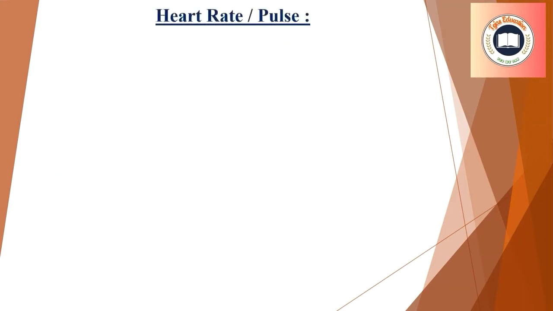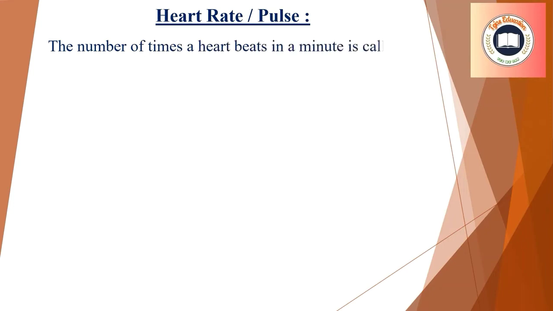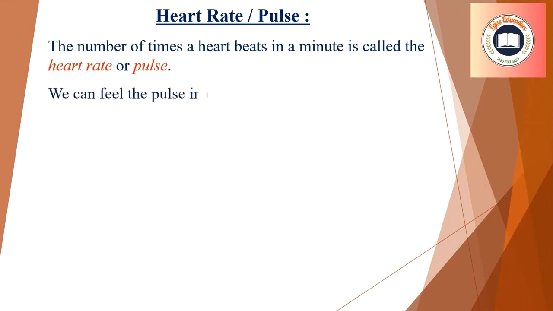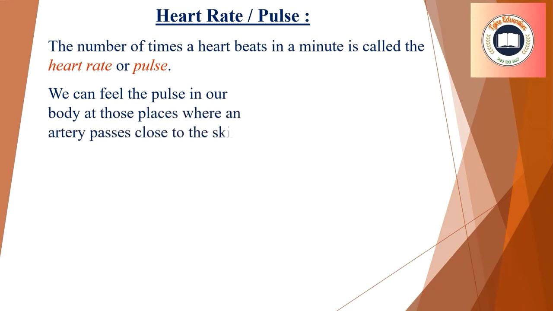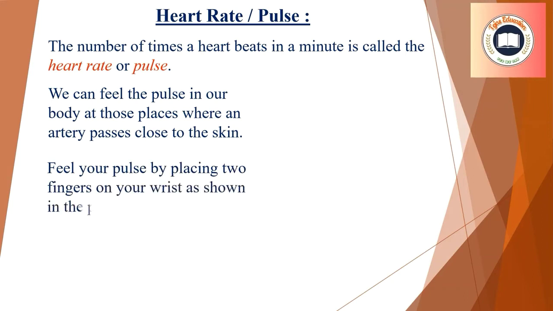Heart rate or pulse. The number of times a heart beats in a minute is called the heart rate or pulse. We can feel the pulse in our body at those places where an artery passes close to the skin. Feel your pulse by placing 2 fingers on your wrist as shown in the picture.